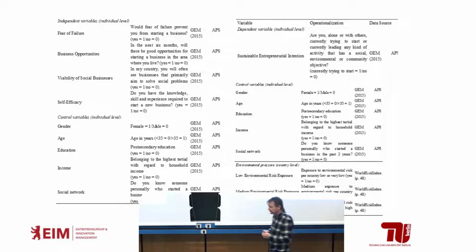And for this risk exposure, we were going into the World Risk Index. That also tells you which country runs a higher risk of being affected by climate change and which country runs a lower risk of being affected by climate change.